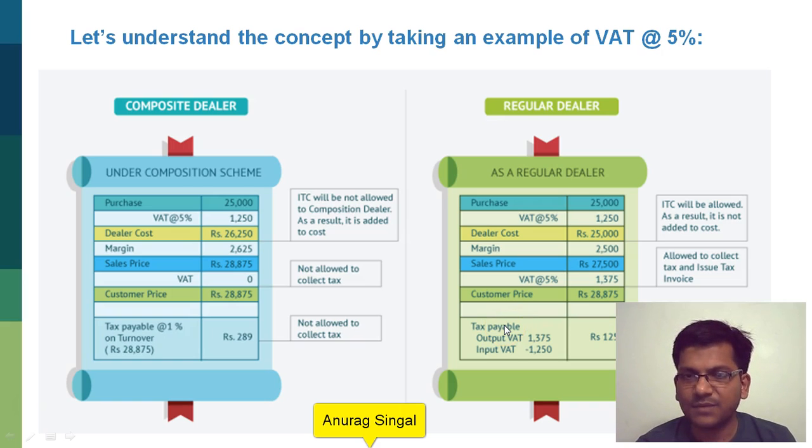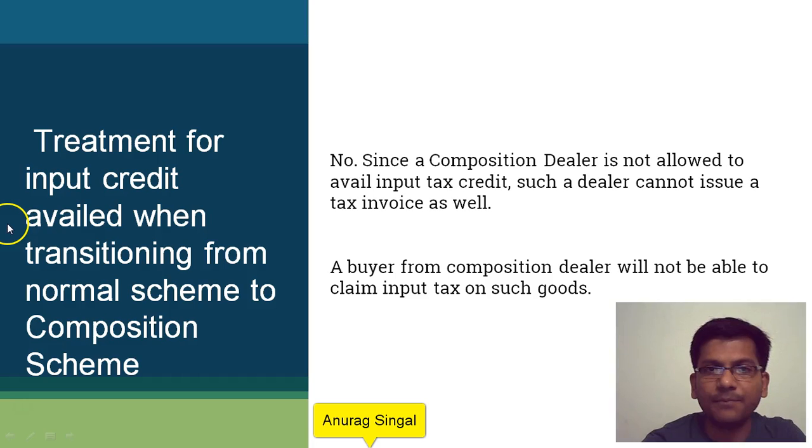And what is his tax payable to the government? Output VAT, that's 1,375, which is collected from the customer. He is allowed to do that. He takes an input of 1,250 and pays to the government 125 rupees in the form of the return. Here he was paying 1% flat on the turnover and was not allowed to either collect from his customer, and whatever he paid on the input, he was not getting any benefit whatsoever. So that's how the two schemes are comparable.